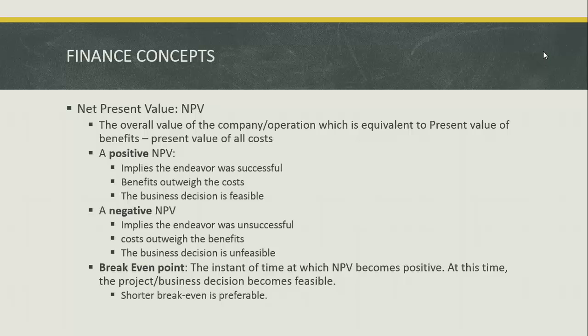An important concept is the break-even point, which is the instant of time at which the NPV becomes positive. At this time, the project or business decision becomes feasible. A shorter break-even time is always preferable. Most companies will prefer a break-even from 6 months to 5 years, depending on what kind of project they're implementing.